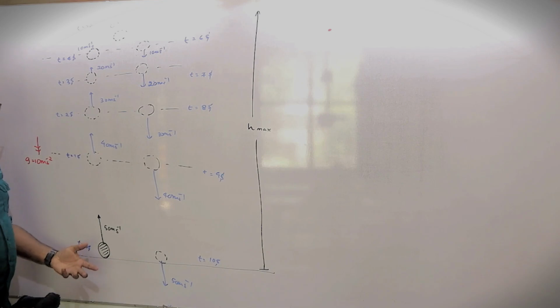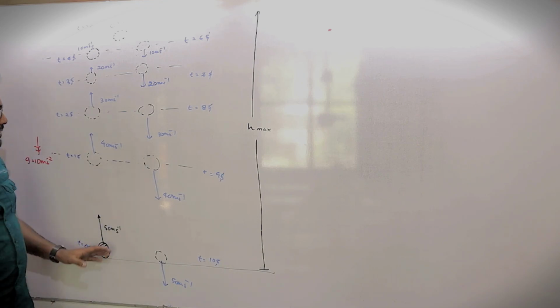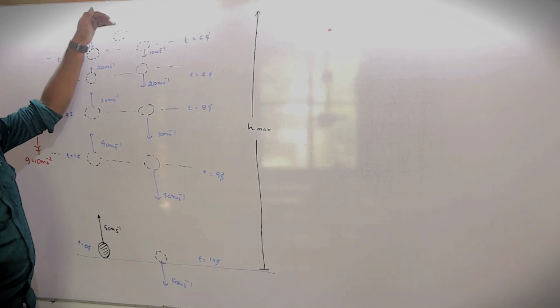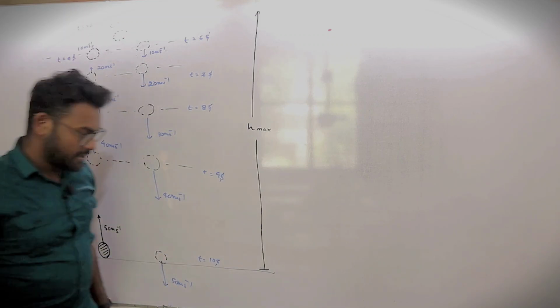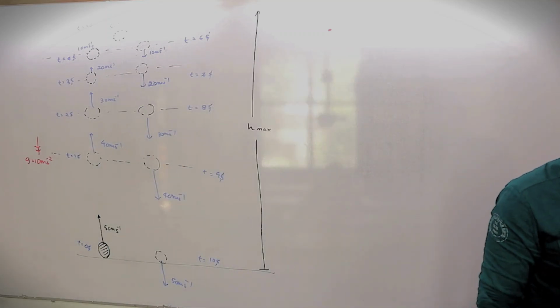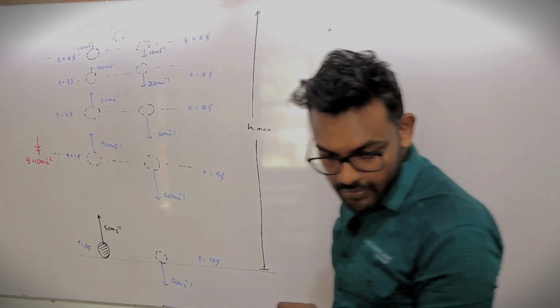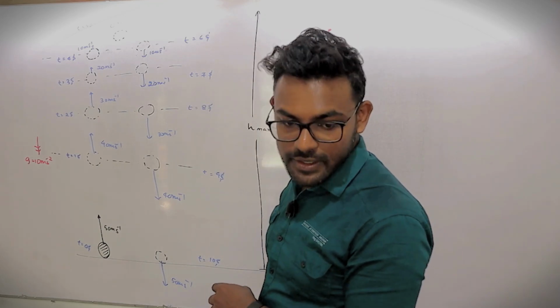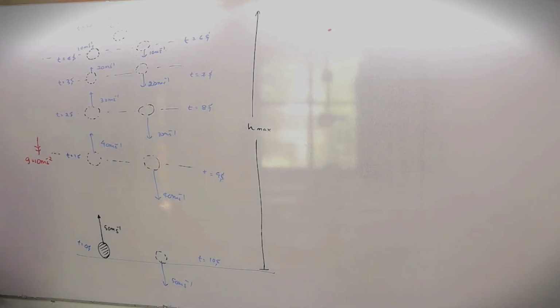Time of flight means the total time the ball is in the air flying. 5 seconds to the top, another 5 seconds to reach back to the ground. The total time the object is in the air.